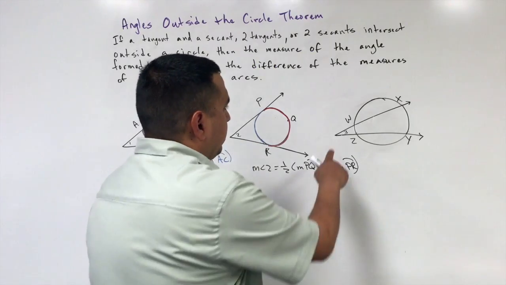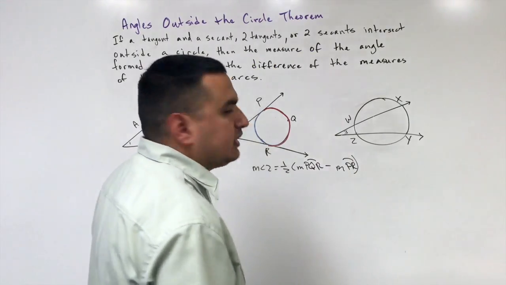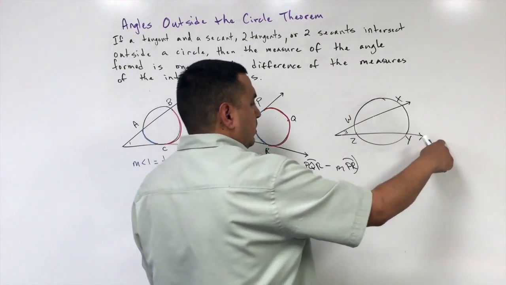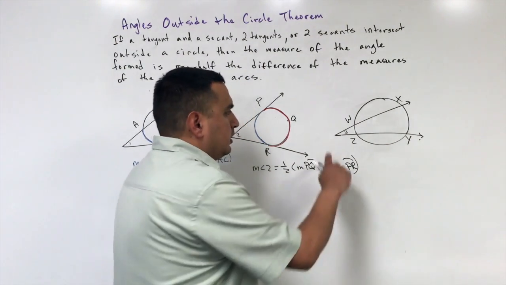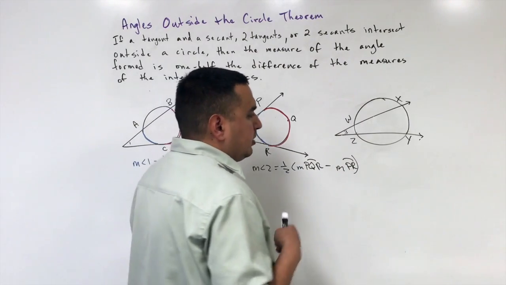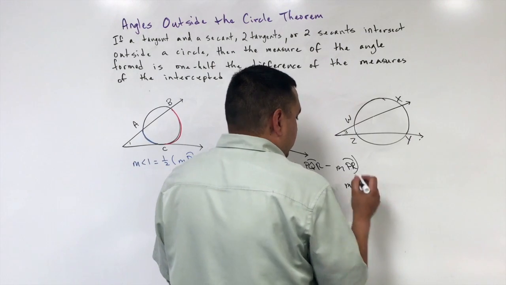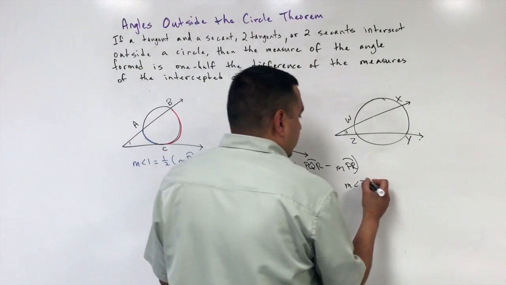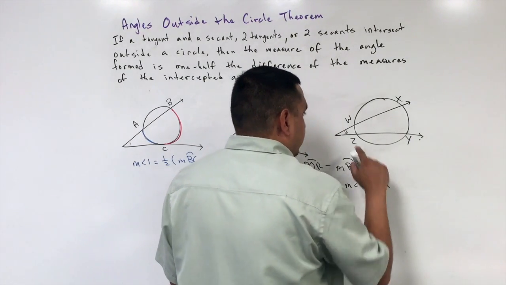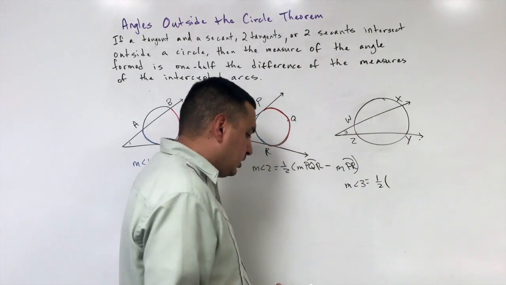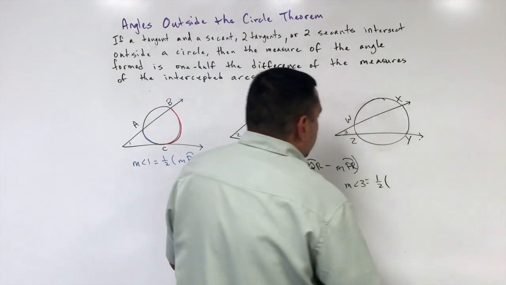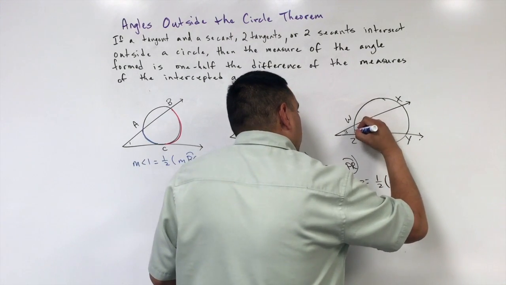And now we've got angle 3, and that's made by 2 secants that are cutting through the circle. They're still intersecting outside, but it's the same idea, same formula. To find the measure of angle 3, I want to take 1/2 the difference of the intercepted arcs. Now, so you can see them, I have an intercepted arc here.